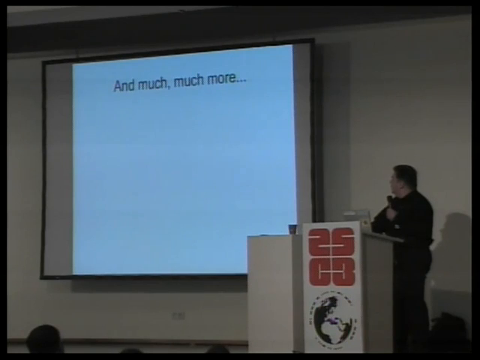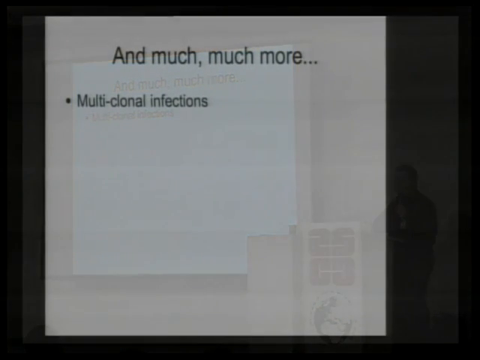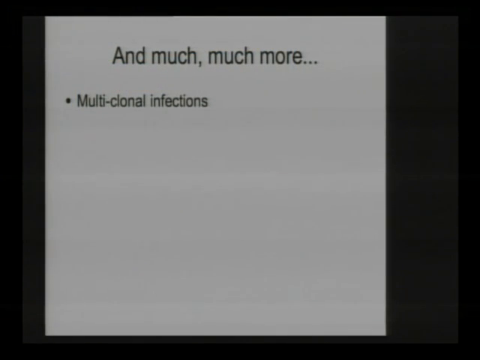There's lots more we can do with this. Multiclonal infection, so a single patient can be infected by multiple strains of malaria simultaneously, which is probably not fun. As I said, how the parasites travel.